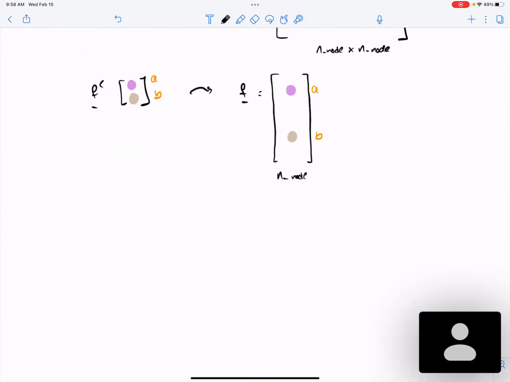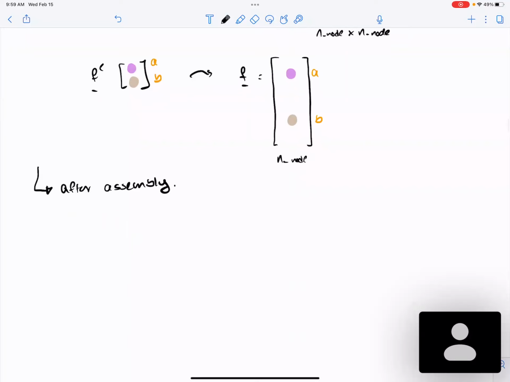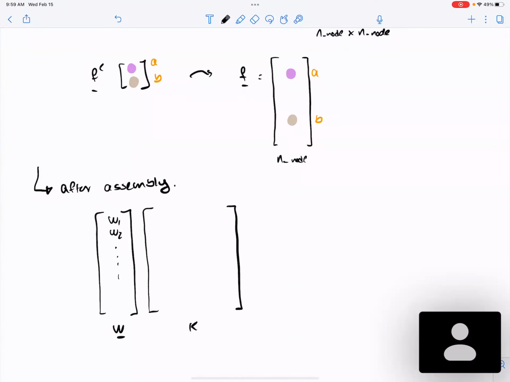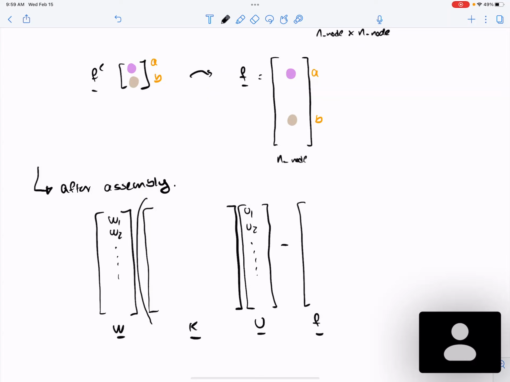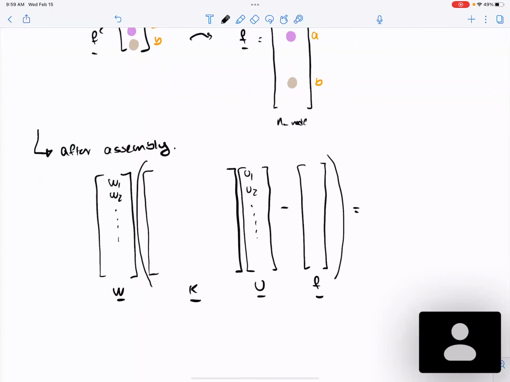So what happens when you assemble the whole thing? After assembly, you're gonna end up with something that looks like this. Here are gonna be all the W's. Then here's gonna be the big K, open a parenthesis, here's gonna be the vector with the U's. So this is U1, U2, etc. And here's gonna be the force vector. And this has to be 0.